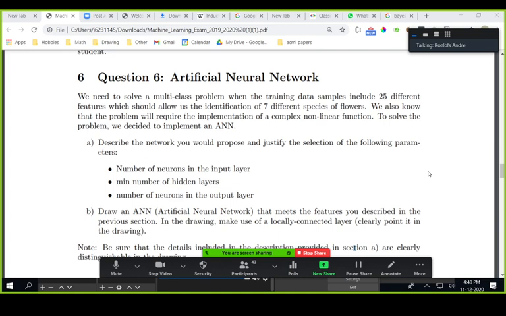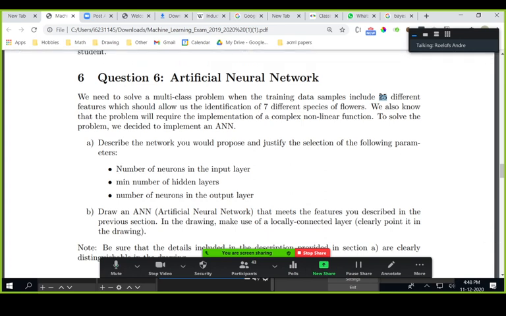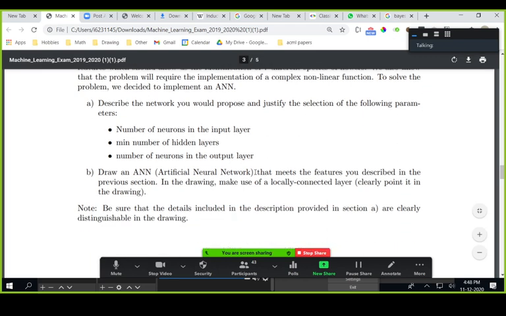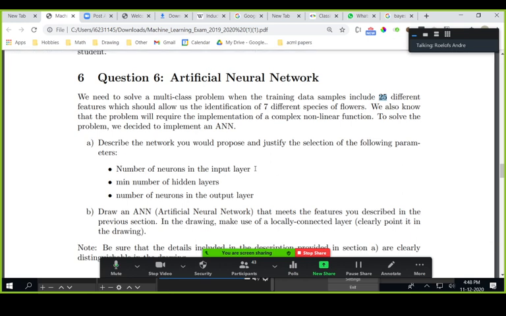So we need the number of neurons in the input layer, the mean number of hidden layers, and the number of neurons in the output layer. As somebody in class said, because you have 25 different features, it makes sense that we input 25 different neurons, right? But what I would also do is add 26 different neurons in the input layer.